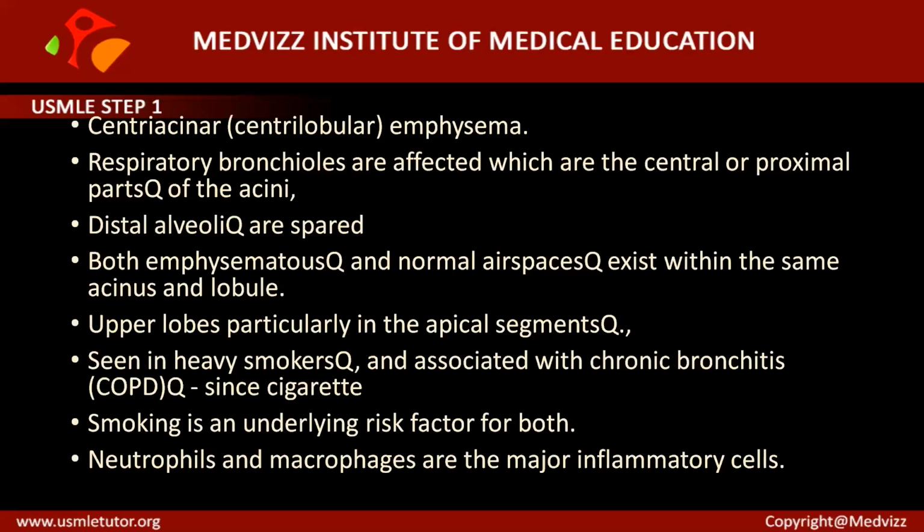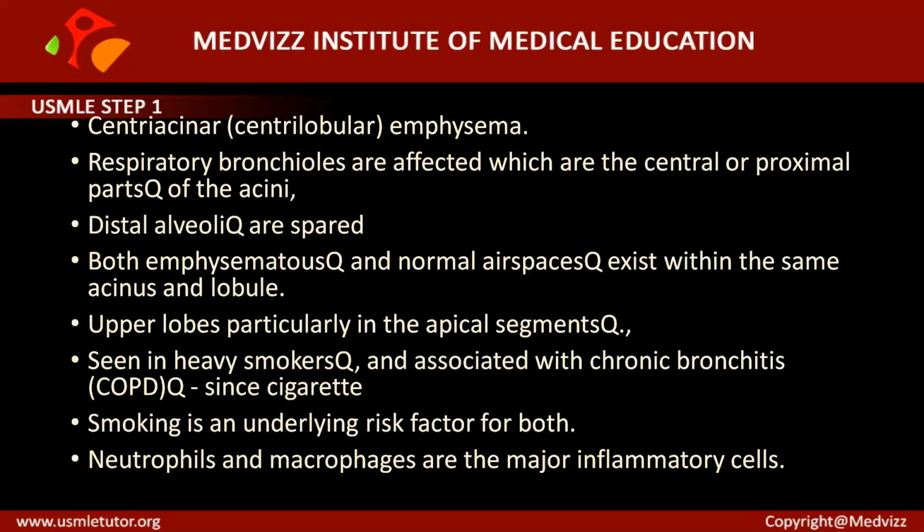That's why I told you the age for chronic bronchitis is approximately 45 years, and if the patient still did not stop smoking, then progressively it may lead to emphysema, that is, centrilobular type of emphysema. That's why smoking is the underlying risk factor for both chronic bronchitis as well as centriacinar emphysema.